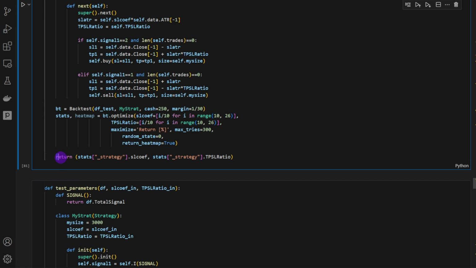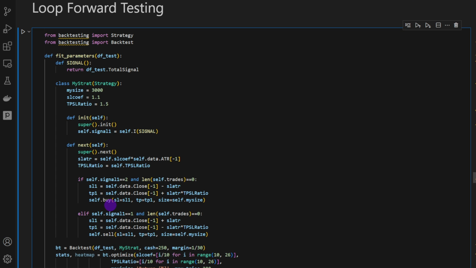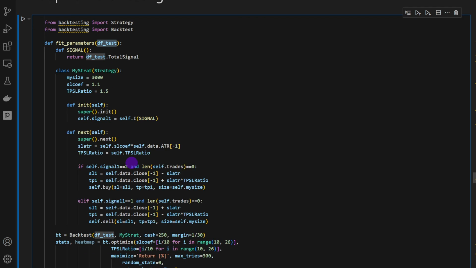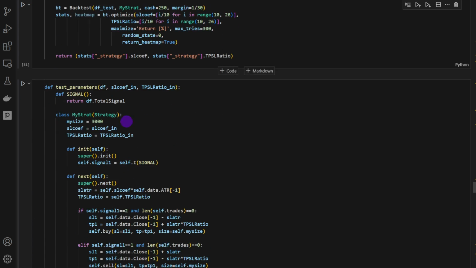And then the function returns the stop loss coefficient and the take profit stop loss ratio after the optimization. So this is a function that would optimize. I just pass it the data frame, the slice of data frame I need to use, and then it will provide me the best set of parameters for these. So this function will do the fitting or the training part.